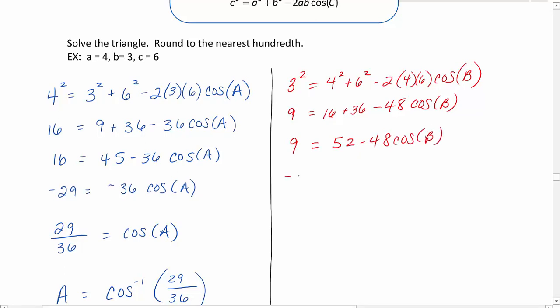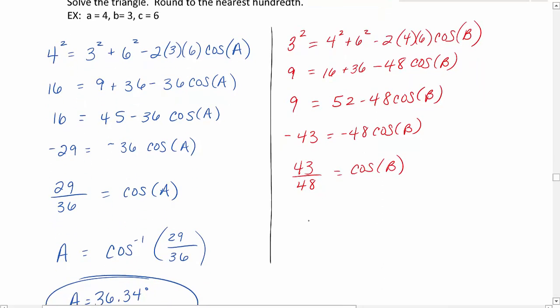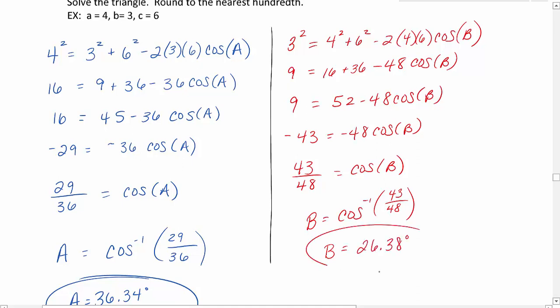Subtracting. Dividing. And then we're ready for cosine inverse. Angle B is going to be cosine inverse of 43 divided by 48. Plugging that into our calculator and rounding to the nearest hundredth, we get angle B to be 26.38 degrees.